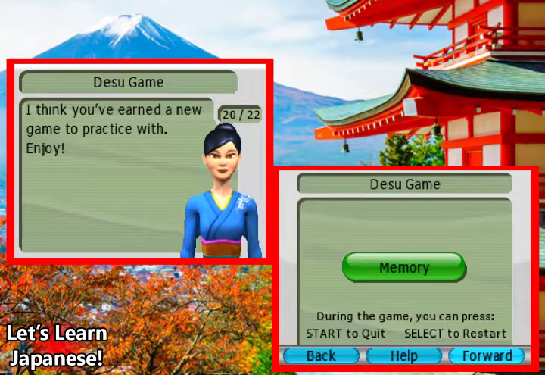Oh, we get a new game too. It's memory, which I hate because I'm not good at memory. Although we had this game, and this isn't really memory, but it was called Set that we used to play in college, and I actually recreated it in Java, so I made it into a computer game for one of my classes.